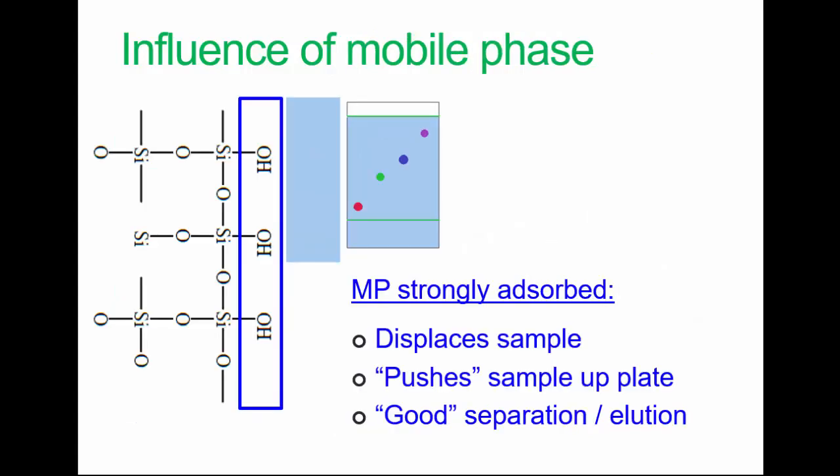The mobile phase will influence the separation in a number of ways, and again it's an important choice in method development. If it is strongly adsorbed at the silica, it will displace the sample, which will move more quickly up the plate than it might do otherwise. In a well-designed system, this will lead to an effective and relatively quick separation.